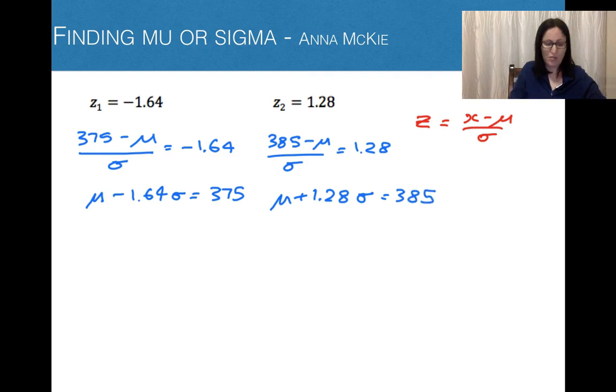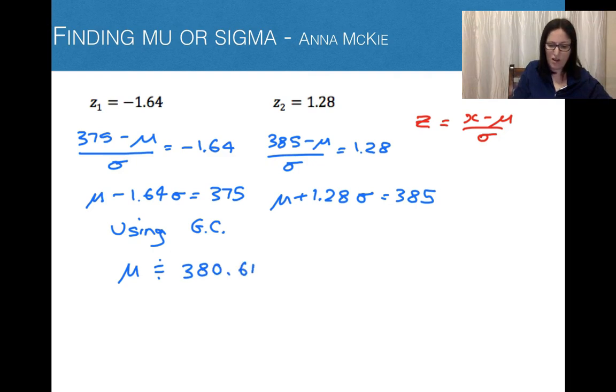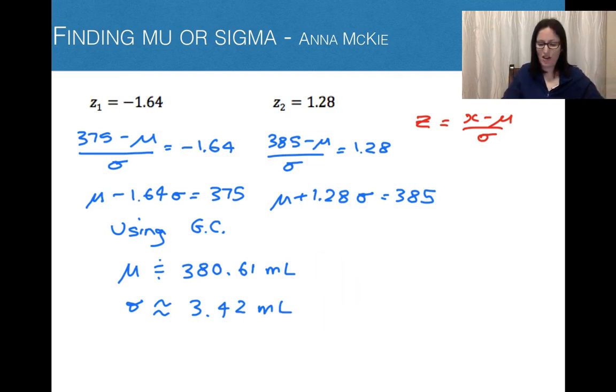So our two variables are mu and sigma, and then using a graphics calculator, I won't show you that this time around. I'll trust that you know how. Your mean is approximately 380.61 millilitres, and a standard deviation, different type of approximately equal to there, 3.42. And that's what the question asked us to find.